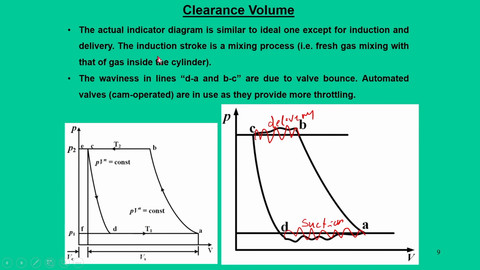And another important aspect is that the induction process is nothing but a mixing process. During the induction stroke, the gas which was at point C has now expanded to point D. So, we have this as an existing gas, that is m dot D, and this is the fresh gas that enters into this cylinder during the suction stroke, and this gas comes from the clearance volume.